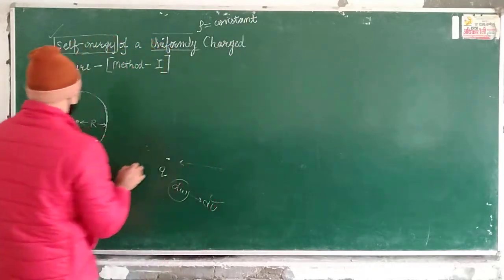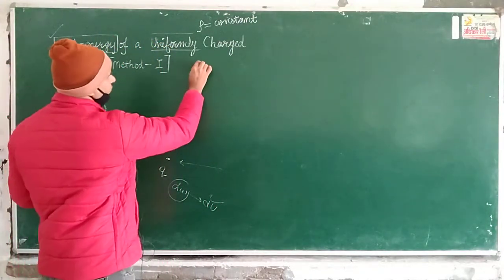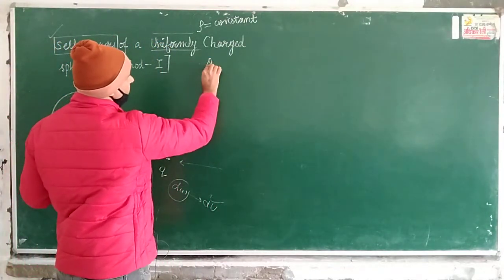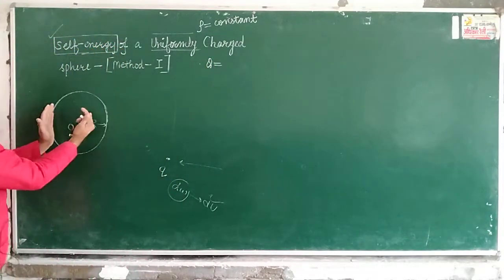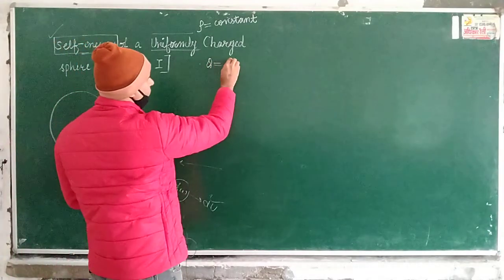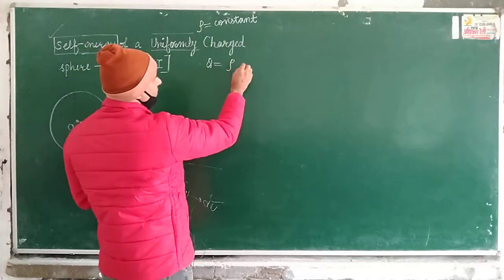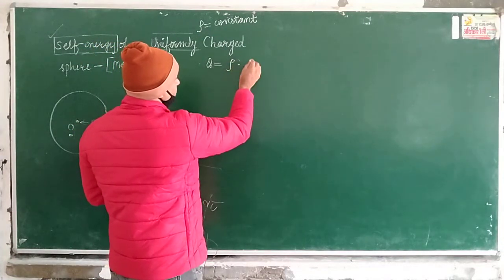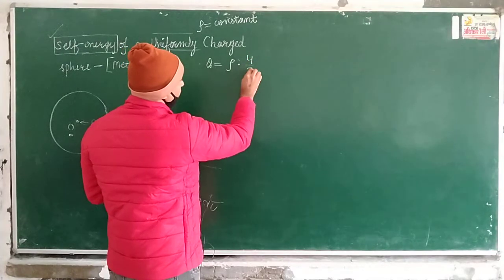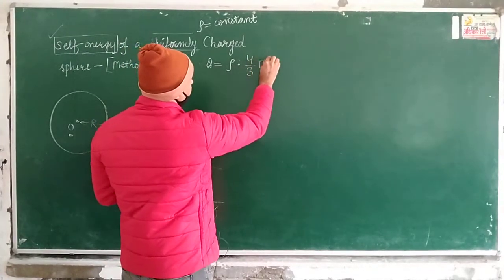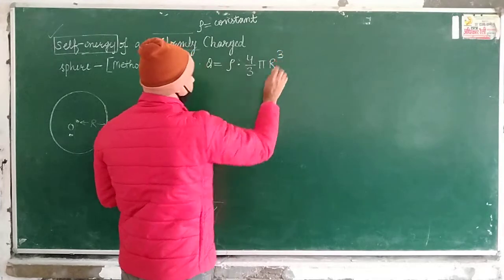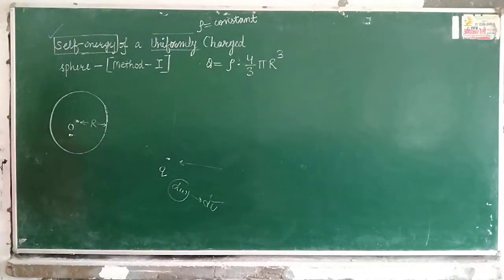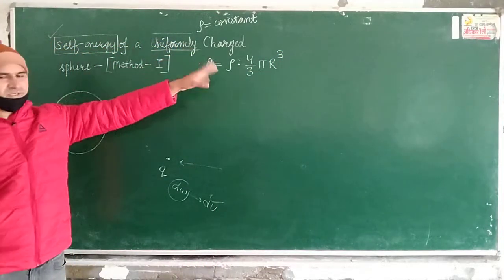So if the radius is r and you want to find the total charge accumulated in this sphere, that will be equal to the charge density rho into the volume, and the volume of this sphere will be 4 by 3 into pi r cube. So this is the meaning of uniform charging.